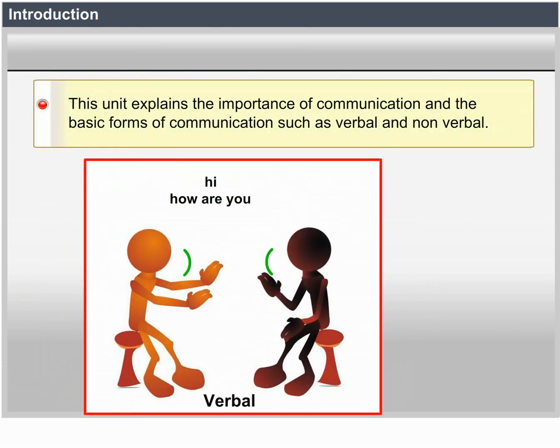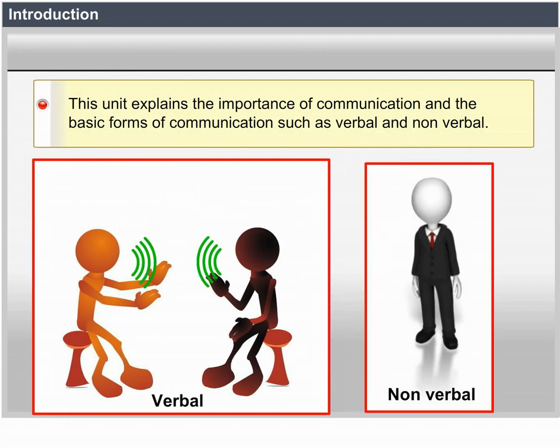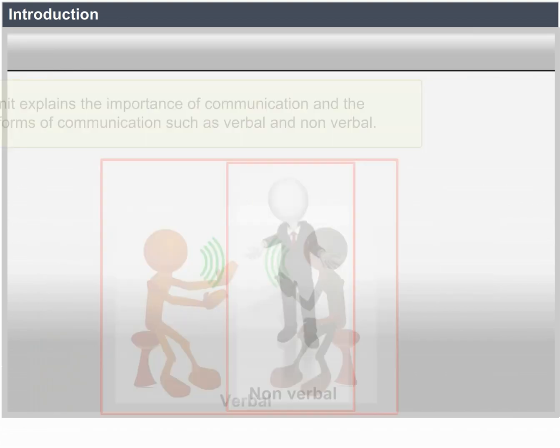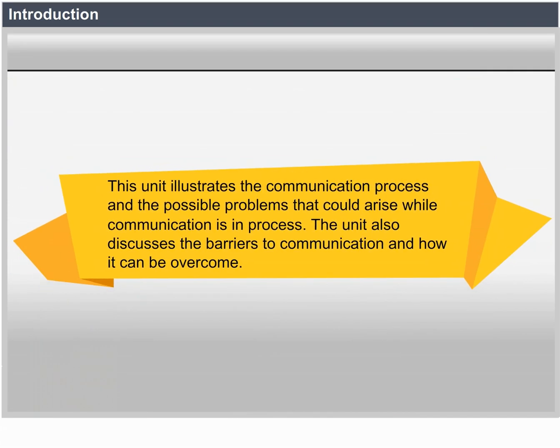This unit explains the importance of communication as well as the basic forms of communication such as verbal and non-verbal. This unit illustrates the communication process and the possible problems that could arise in communication. The unit also discusses the barriers to communication and how they can be overcome.